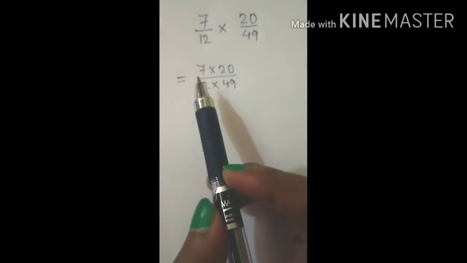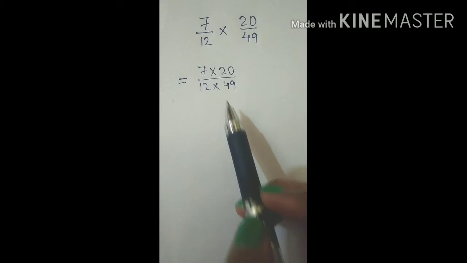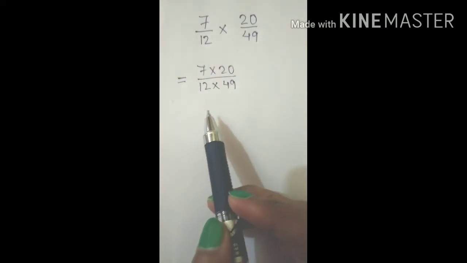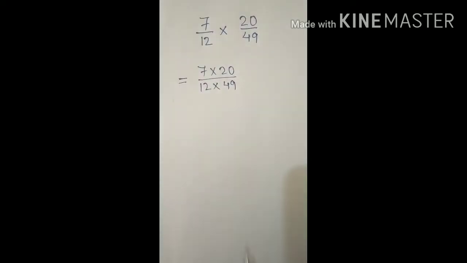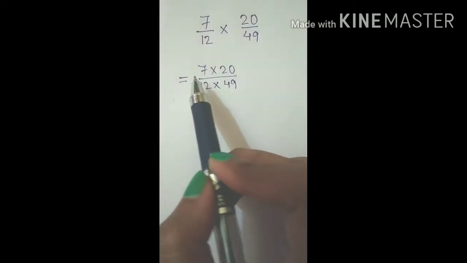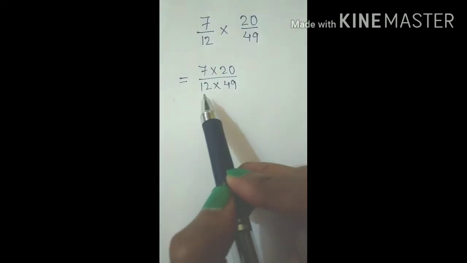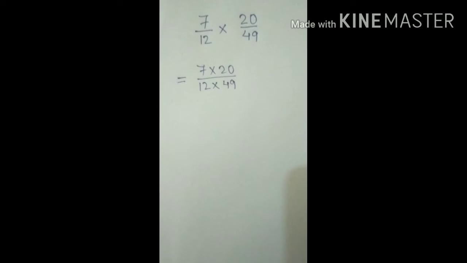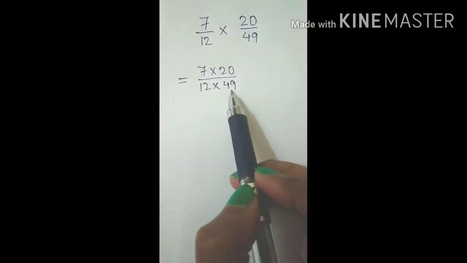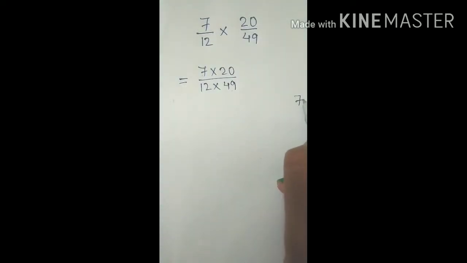Now we will first simplify it before carrying out the multiplication. We will simplify it by using the cancellation method. In order to do that, we need to first identify the numbers in the numerator and the denominator that have a common factor. Here, the numerator 7 and the denominator 49 have a common factor 7.